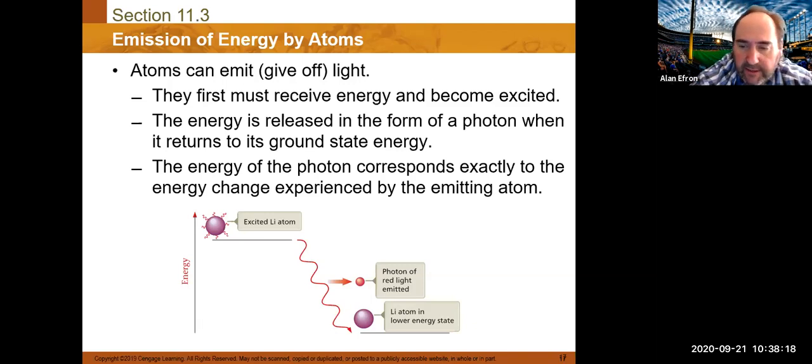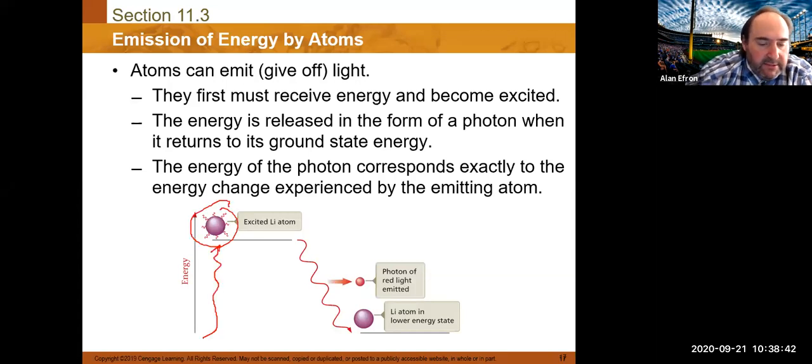Atoms can emit or give off light, but in order to do that, they first have to be excited. So they have to gain a certain amount of energy to go from a lower energy state to a higher energy state. The energy that's released in the form of a photon is what happens as they come back down. In this example, this electron gained enough energy to come up in energy. Much like we also talked about, being in high energy is not really the optimal situation.